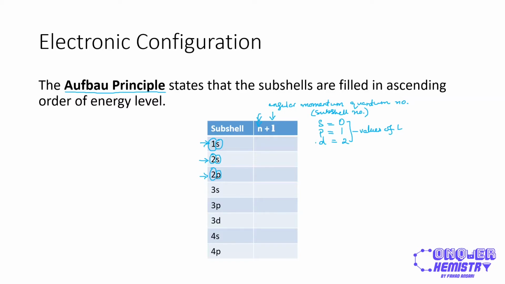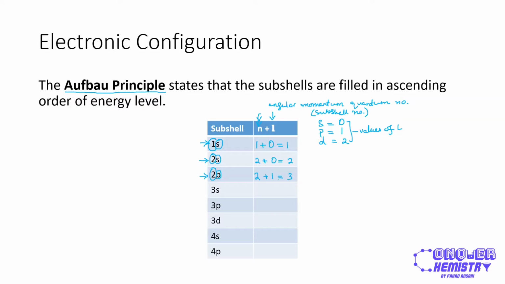So for example, for the 1s subshell, n equals 1 and L equals 0. So 1 plus 0 gives us 1. For 2s, n, the principal quantum number, is 2. That's the shell number. And the subshell number for the subshell s is 0. So 2 plus 0 gives us 2. For 2p, that's 2 plus 1 equals 3.